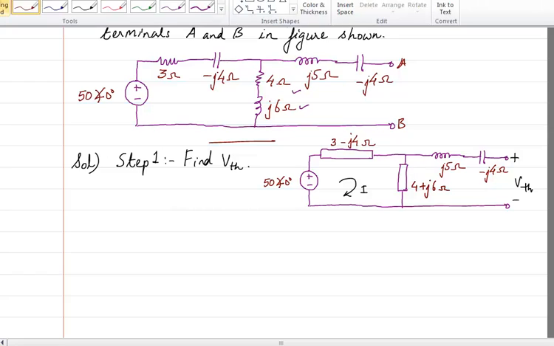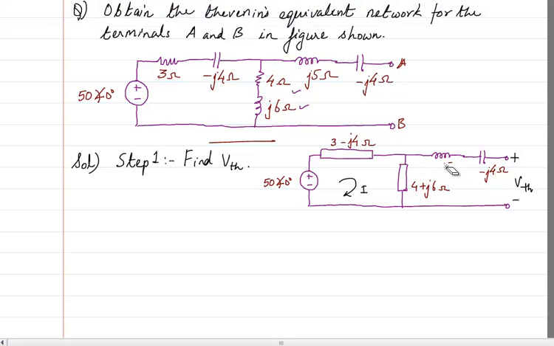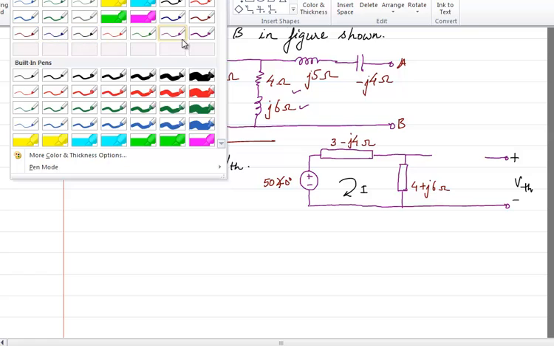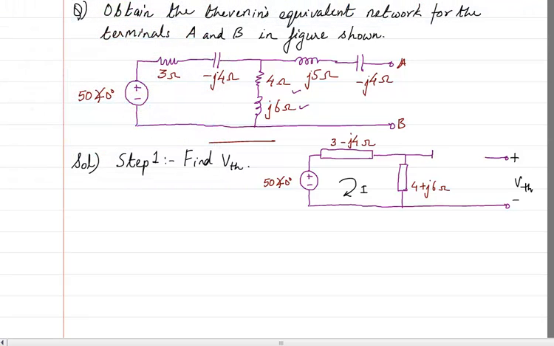Similarly, I will write J5 and minus J4 together as a single element. Let me draw a box here, and J5 minus J4 becomes J. So 5 minus 4 is 1, so it just becomes J ohms.